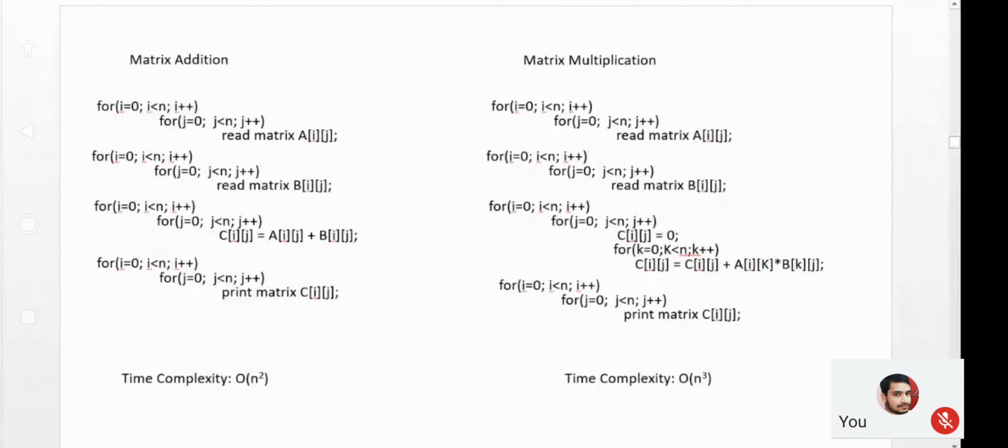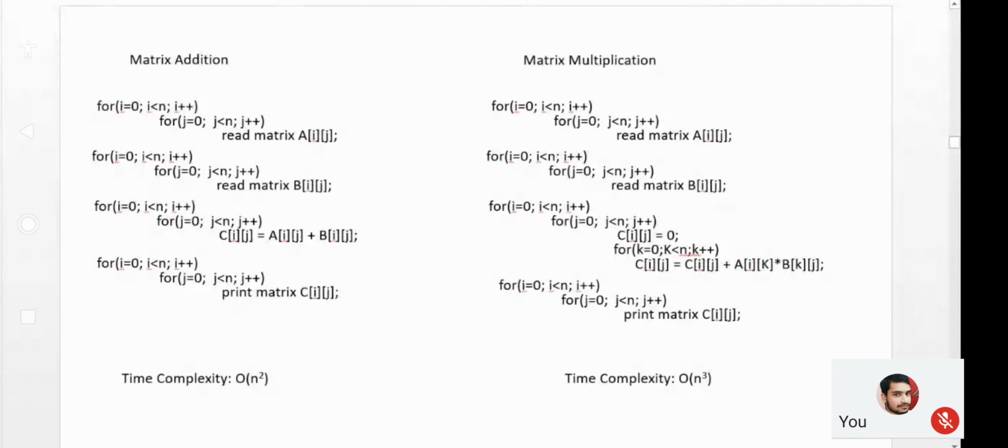Is this clear? It may be 4n square, it may be 5n square, it may be 10n square. This is a constant. So some constant times n square. This constant may be 1000, maybe 1 million, but it does not make any difference.